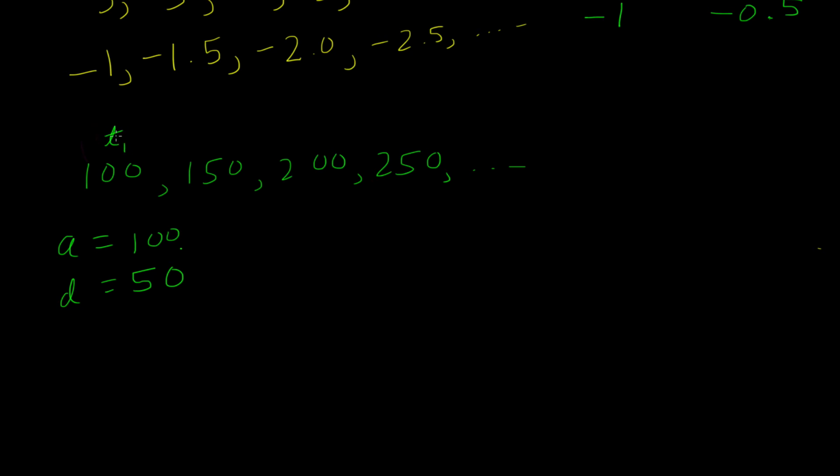The first term is T1 or A, both of them are similar. The second term we denote as T2, the third term as T3, the fourth term as T4, and so on. So let's say if we have to represent some n term here, so that will be Tn.